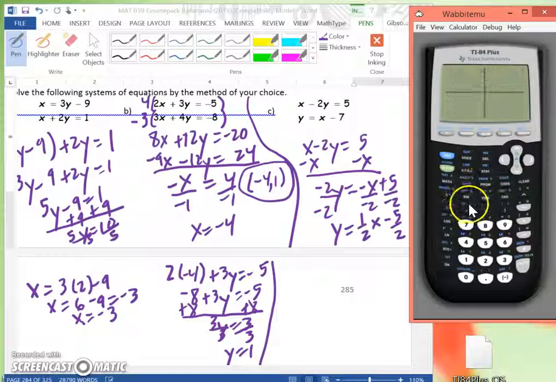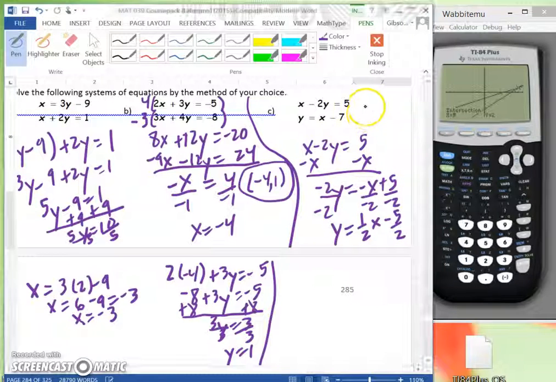So now we'll press graph. Now if you notice here, it intersects. So we'll press second, trace, the number 5, then we'll press enter 3 times. And our intersection is 9, 2. So our final answer here is x is 9 and y is 2. That is the final answer for that problem.